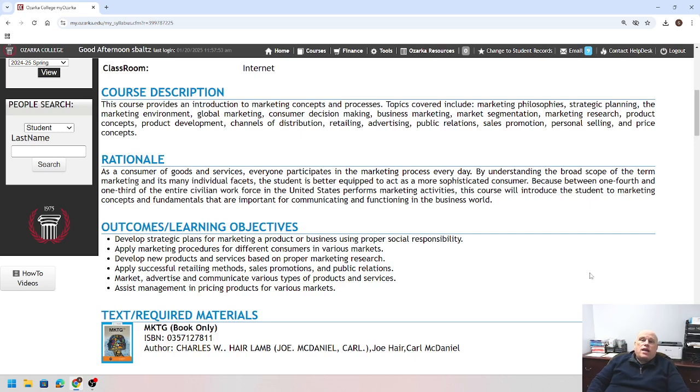In fact, marketing includes all of the activities from the point that the product is conceived and produced, and then it's marketed and sold in the market, and even after the sale, any kind of feedback and information that you're getting from your customers to help you with your marketing efforts in the future.